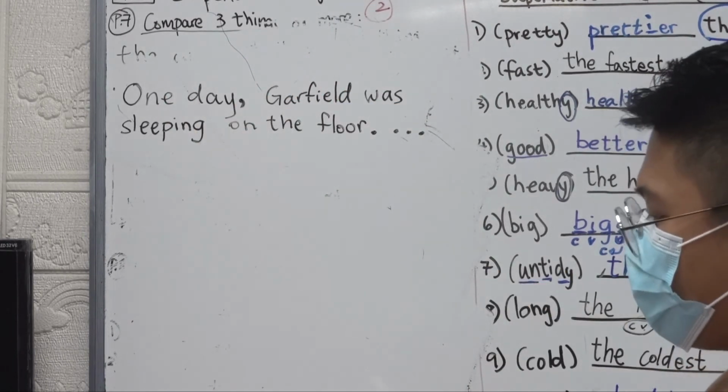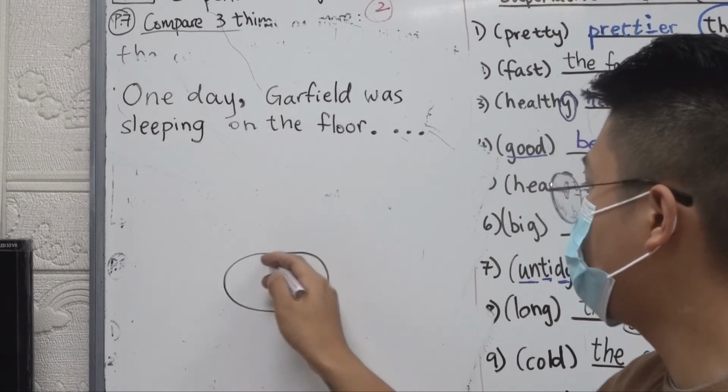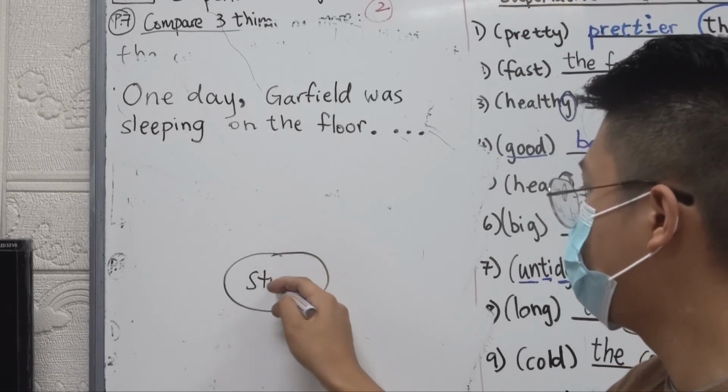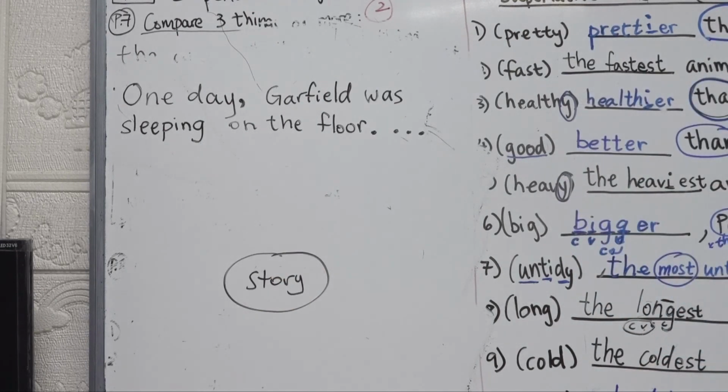Now I'll show you a mind map. So the mind map is the story about Garfield. So we can just write down story. You don't have to write this down anywhere, or if you want, you can. Just try to remember this is how we organize.